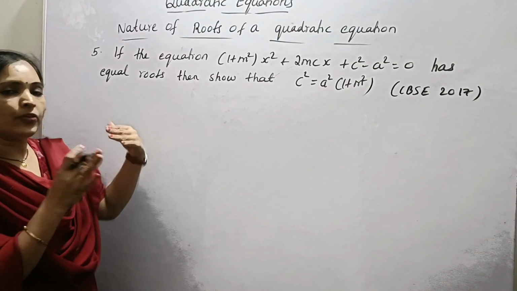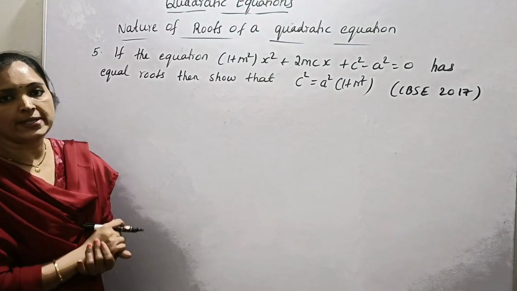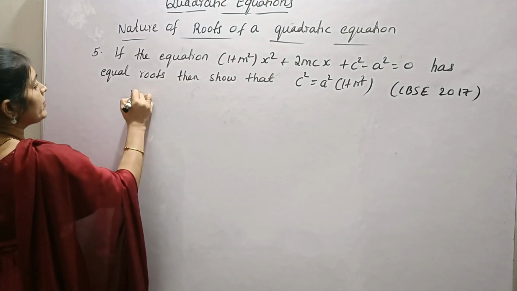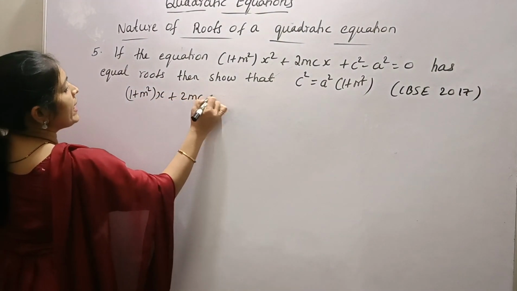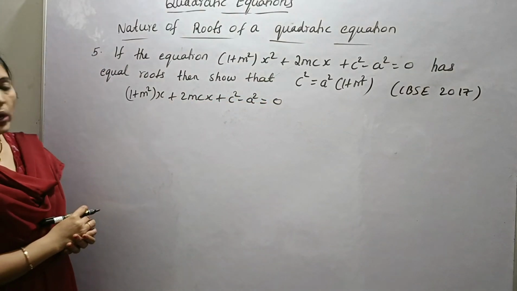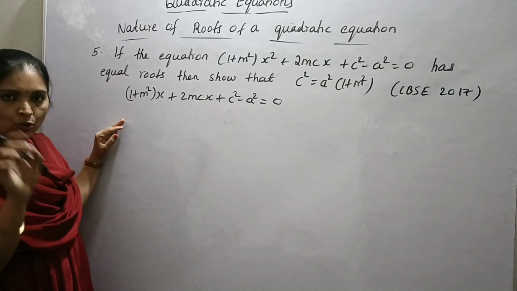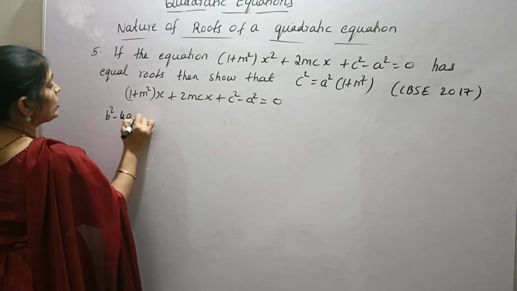Okay, we know that if an equation has only one root, then discriminant b square minus 4ac is equal to 0, right? So first of all, let's write the equation 1 plus m square x square plus 2mcx plus c square minus a square is equal to 0. Okay, since this equation has only one root, that is equal roots, then b square minus 4ac is equal to 0.